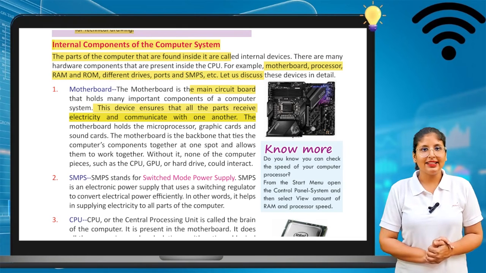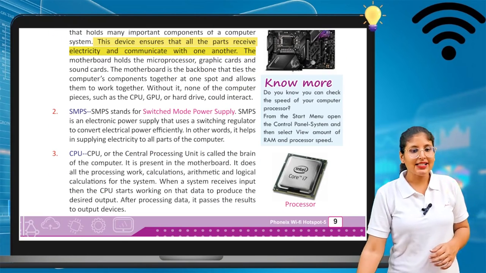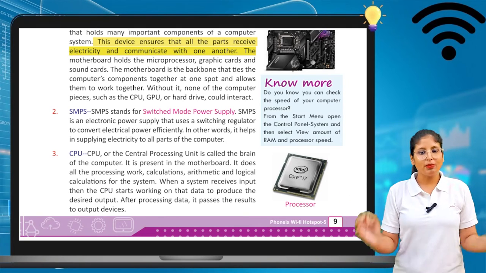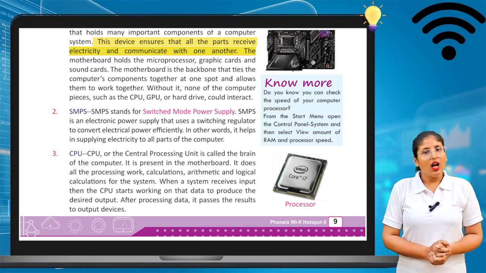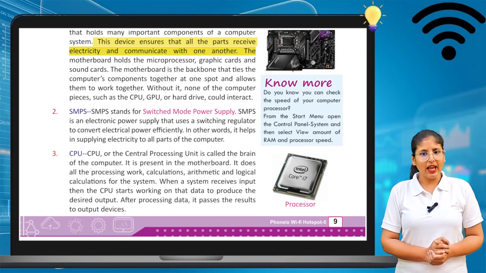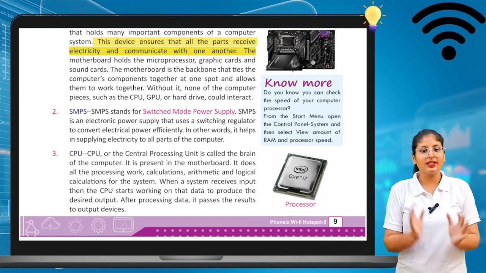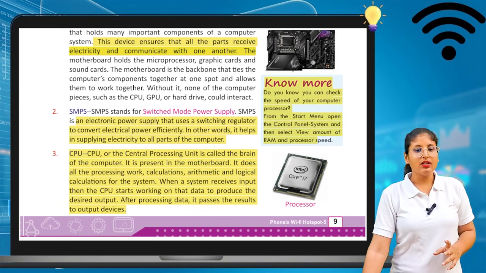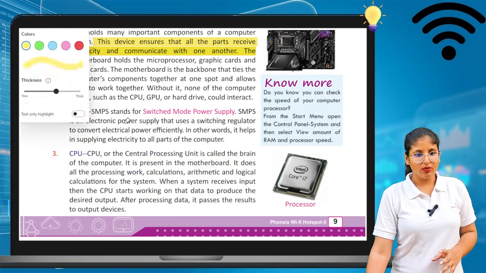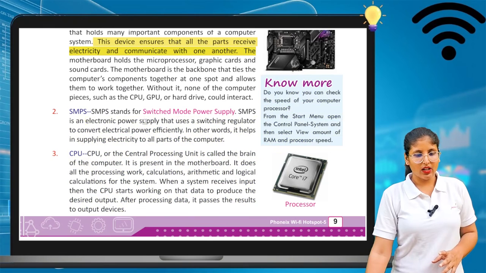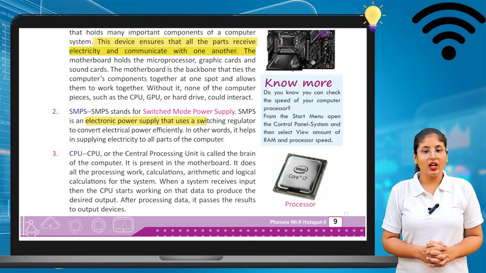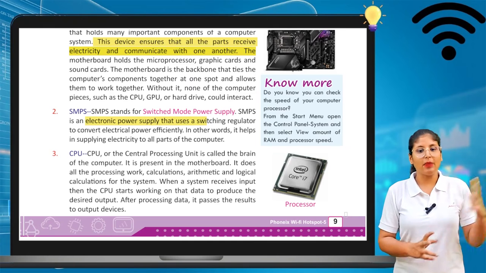The motherboard is clear. Now we will move on. SMPS. SMPS stands for switch mode power supply. What is a switch mode power supply? It is an electronic power supply that uses a switching regulator to convert electrical power efficiently.